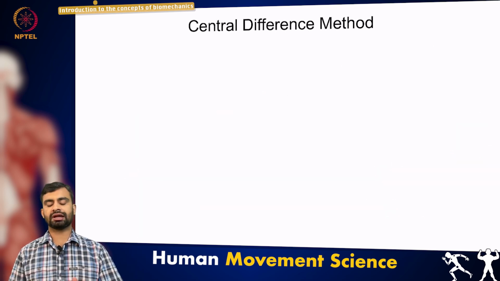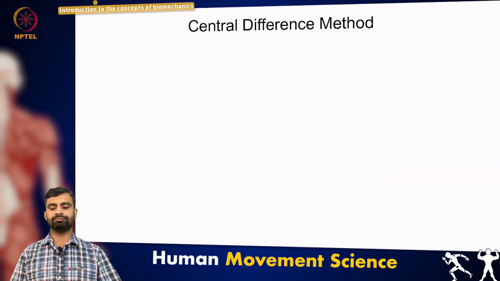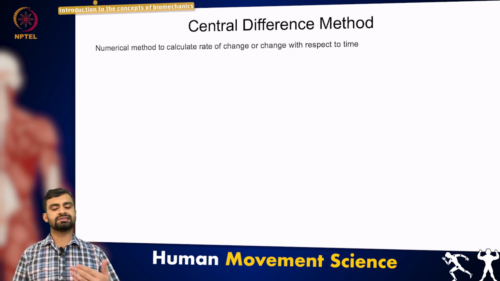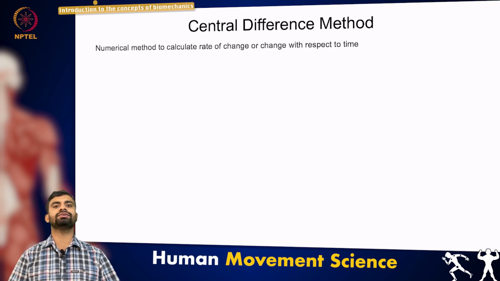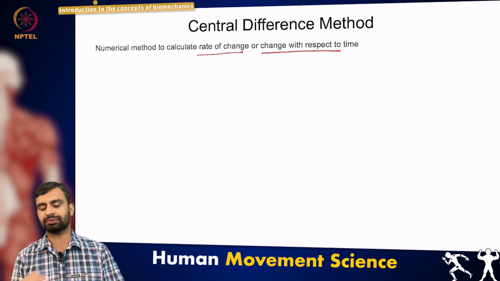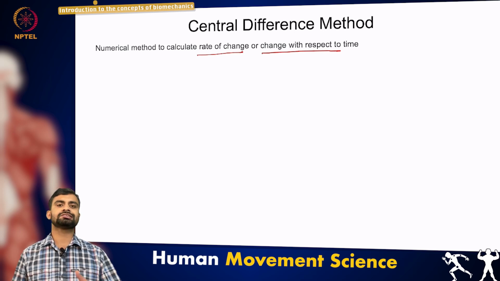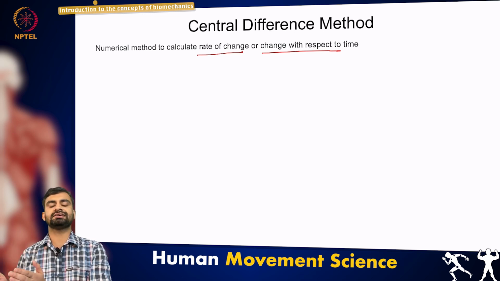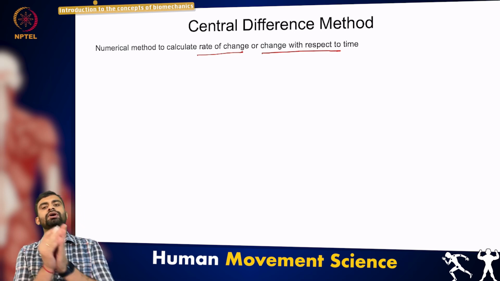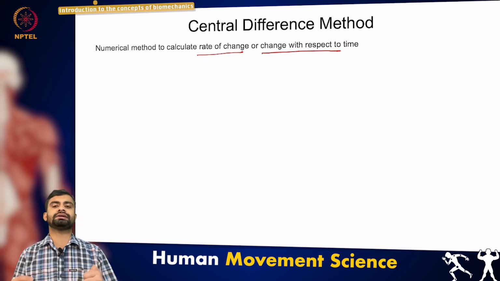Now let's look at another mathematical concept, which is known as central difference method. This is a numerical method used to calculate rate of change or change with respect to time. Since biomechanical analysis involves movement which occurs over time, we might be interested in finding how those parameters change over time.